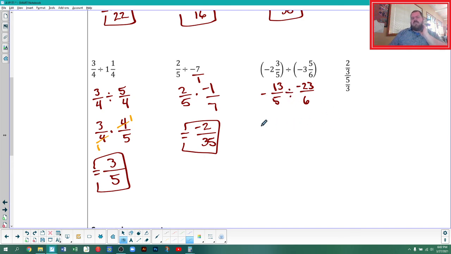Keep, change, and flip. 13/5 times 6/-23. Let's put the negative up top. No easy way about this one. Nothing reduces, which I wish it did. But we should get, what, 60, 78?